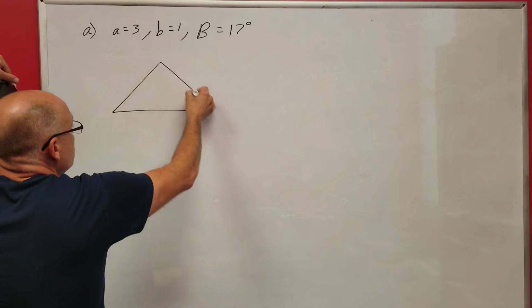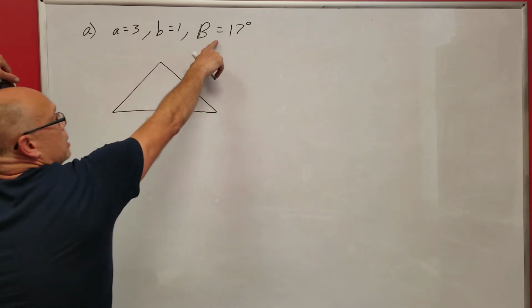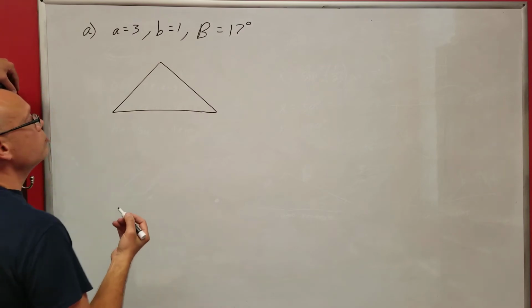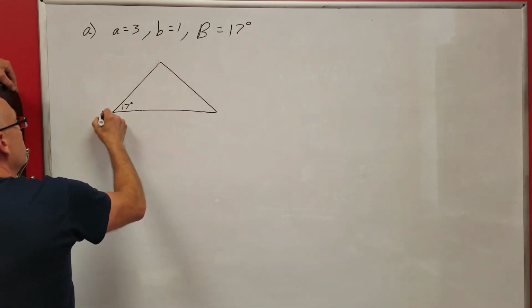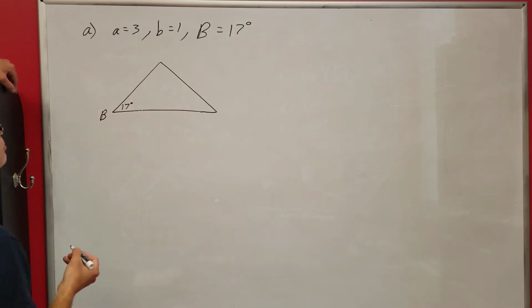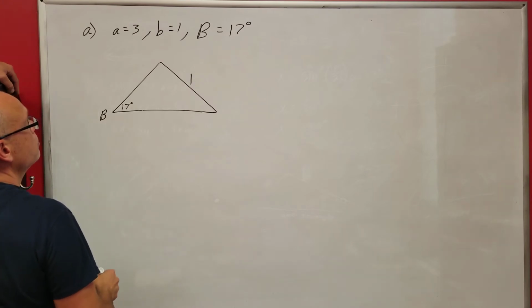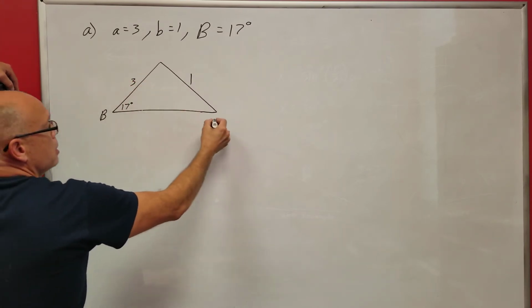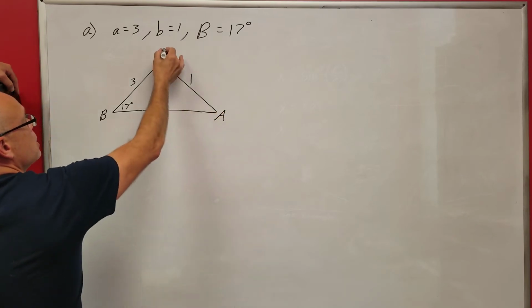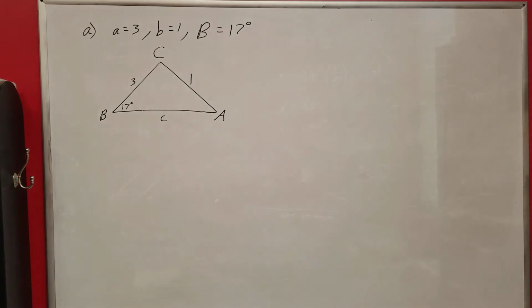I'm just going to draw some old triangle here, okay? Now, the angle I'm given the measure of, I like to put that right here. So I'm going to call that angle B. So this is side B, which is 1. And then maybe I'll call this side A, which is 3. So that's angle A. So this is angle C, and that's side C.